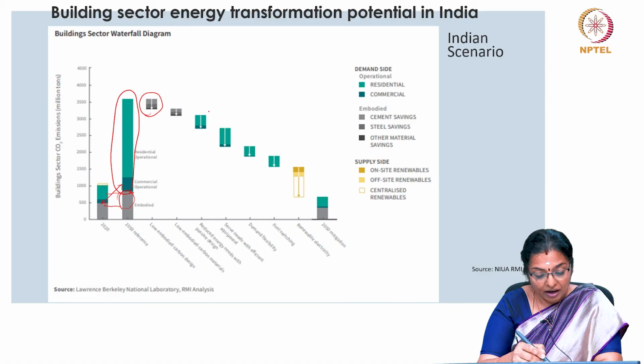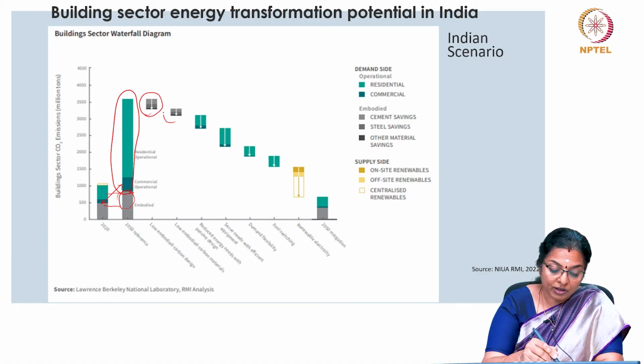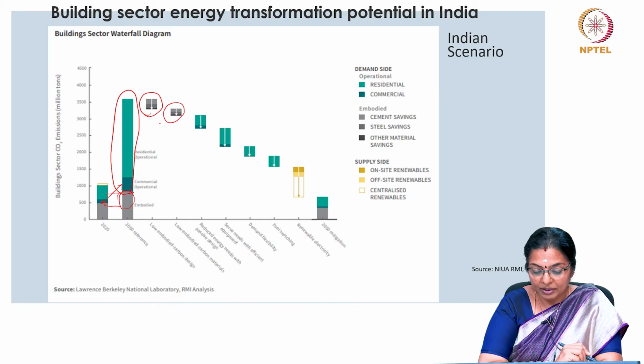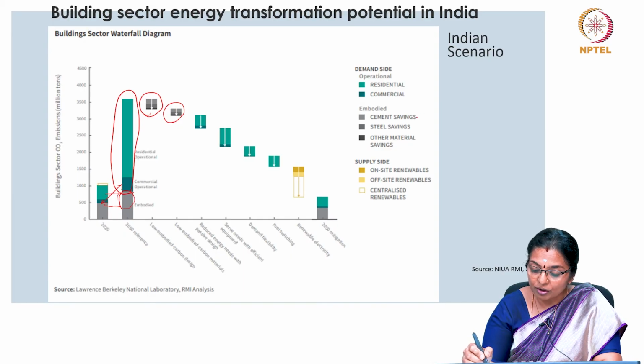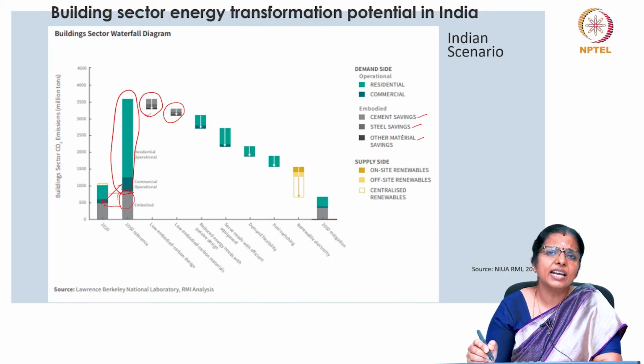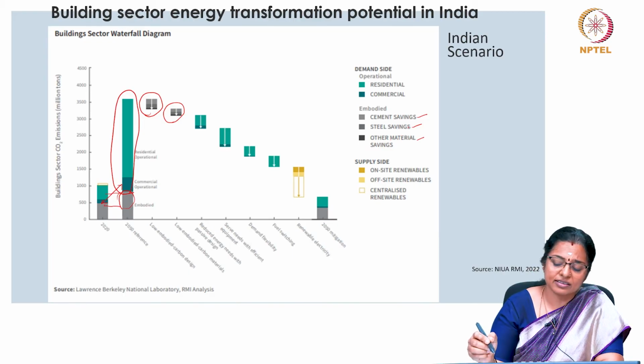Low embodied carbon materials will also give us scope for reduction, primarily through savings of cement, steel and other materials, because cement, steel, aluminum are high energy intensive materials.